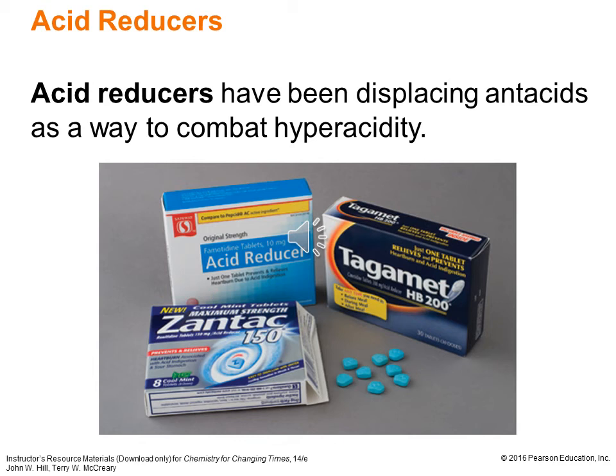Okay, now here we see a different approach, the more typical approach nowadays if you look in the antacid aisle. It is not to neutralize the acid with those bases, but rather to try to prevent the problem in the first place. If the stomach is producing too much acid, these acid reducers like Zantac and Tagamet are substances that actually decrease the amount of acid the stomach produces in the first place, rather than just masking the problem.